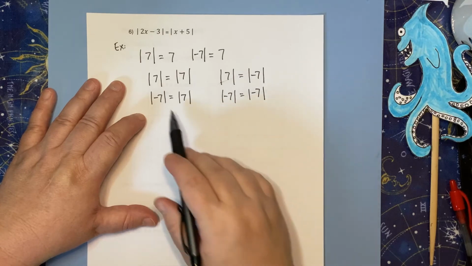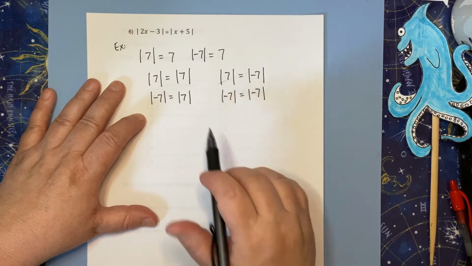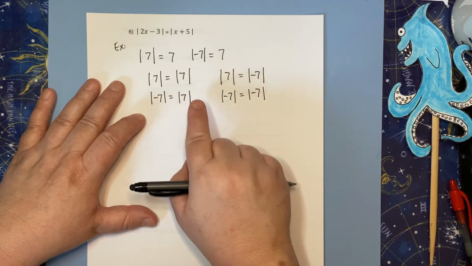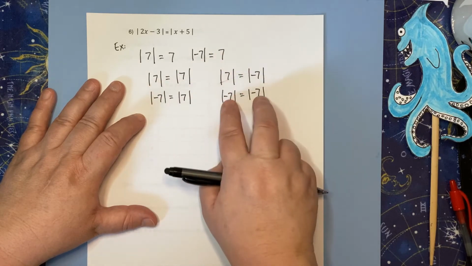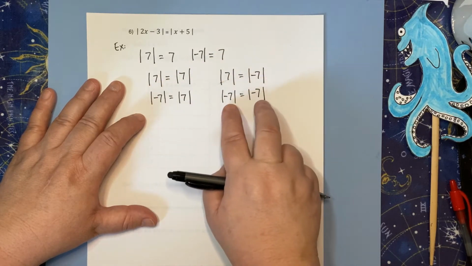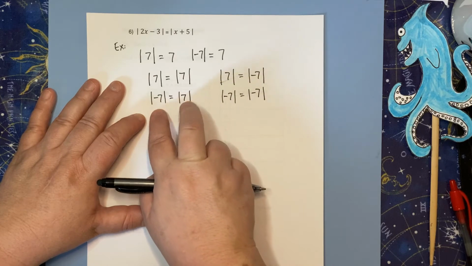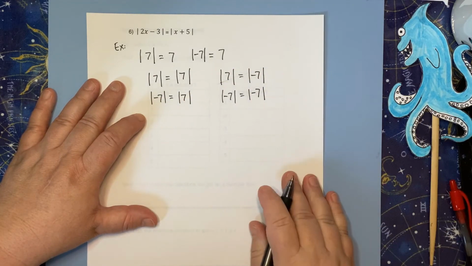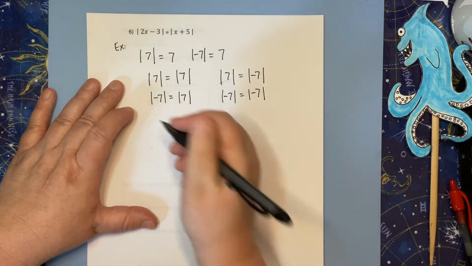So if I know the answer is 7, then either both are positive 7, or both are negative, or one's negative and one's positive. Those are the only possibilities.